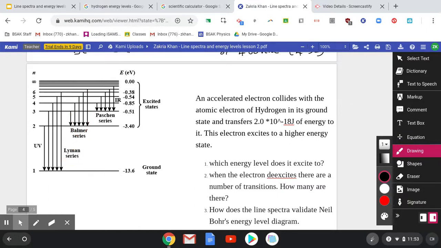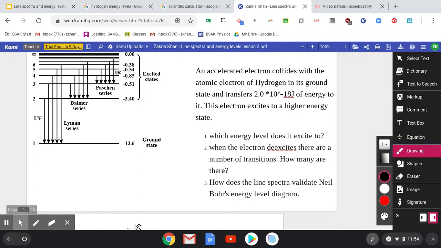This is called the Lyman series for the photon transitions into level 1, and this gives us infrared light for de-excitations to n equals 3. This is not specifically on your syllabus, but it's interesting to know what's on either side. Okay, we can't see this, but we can see this region here.